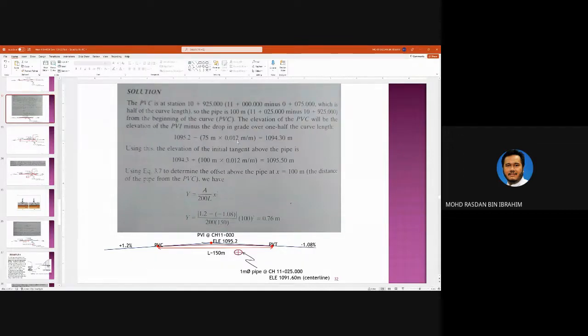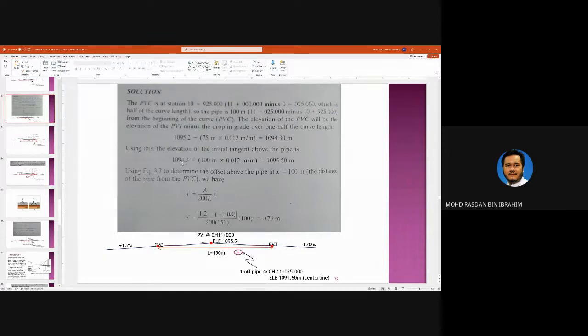So the elevation of PVC is 1094.3 meters.